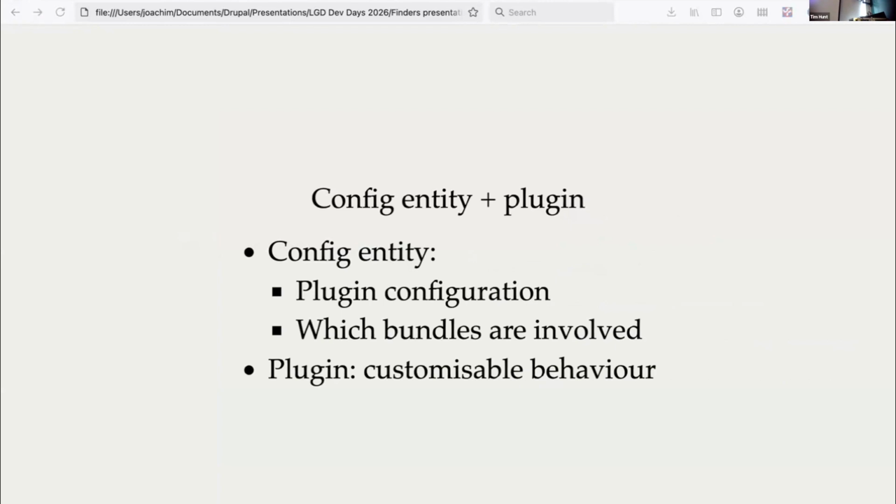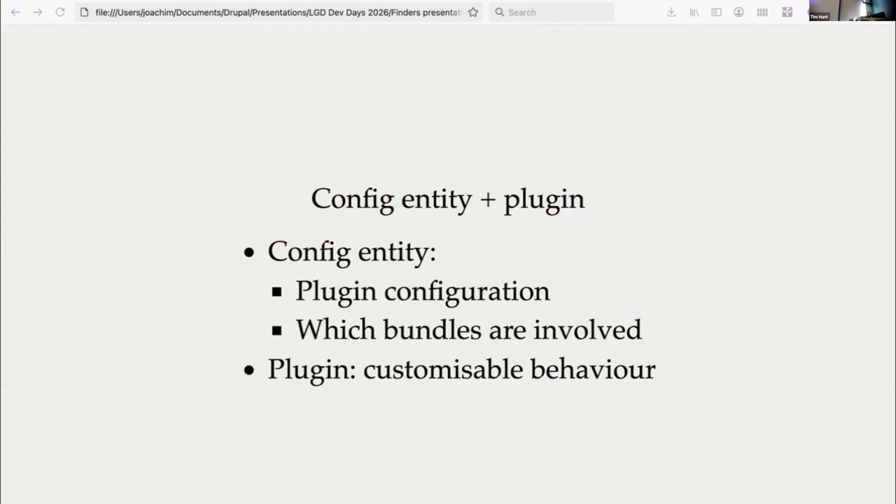So I briefly mentioned LGD directories working with fields. LGD directories knows that things work together by means of which node types have the right reference field on them. With Finders, we have something different.